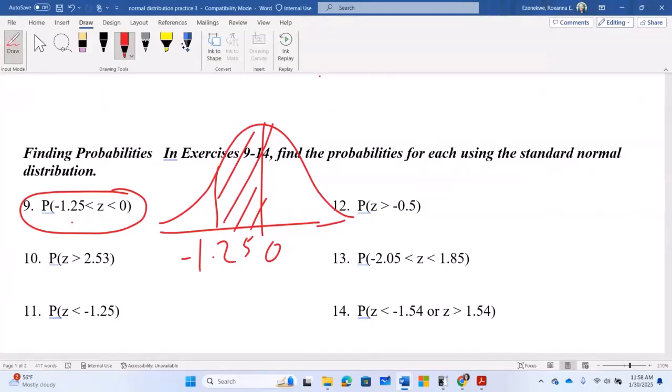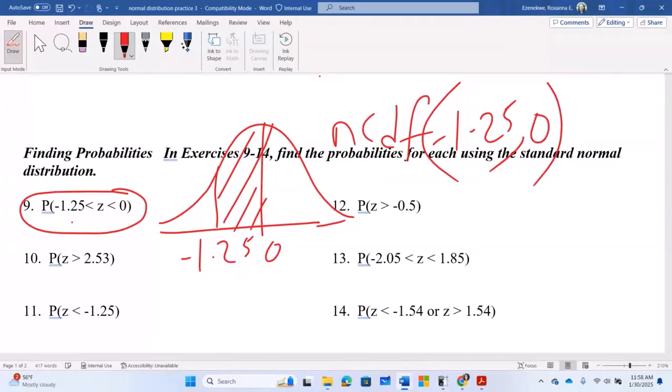So what you do is normal cumulative density function. I know why I'm repeating this, because it's important that you know how to do this. What is the lower number? Negative 1.25. What is the upper number? The mean. Let me put everything in.